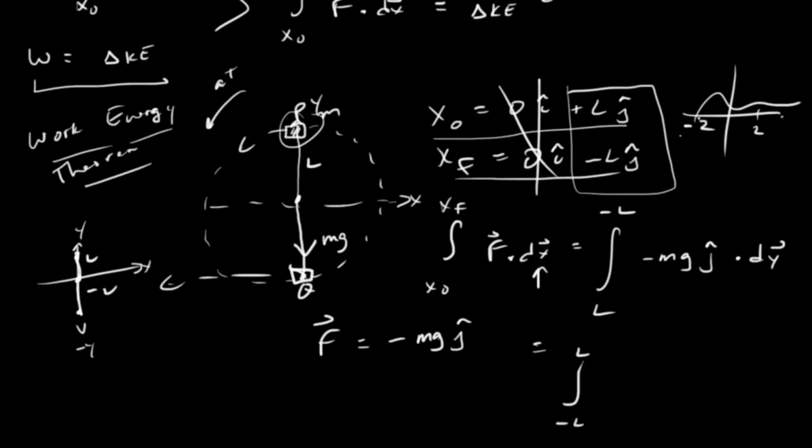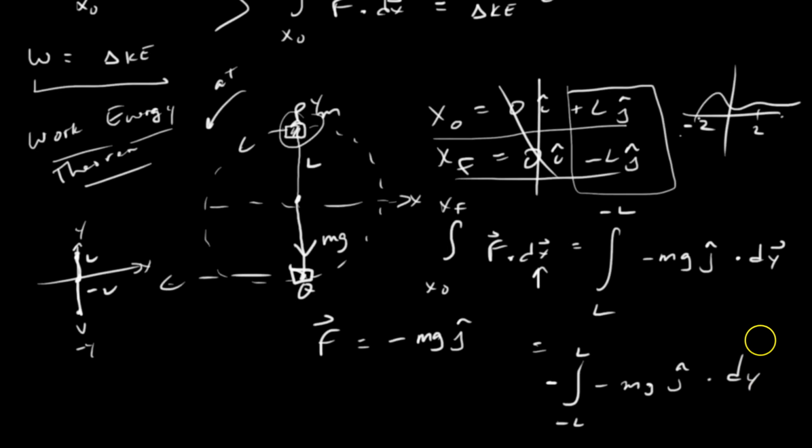So if we switch the order from L to negative L, to negative L to L, we have to put a little minus sign. This is just something you have to know. And then we still have this negative mg j hat dot dy. And instead of writing dy as a vector, I'm just going to write dy as a scalar, and then write its direction.